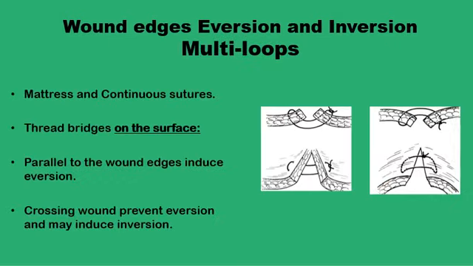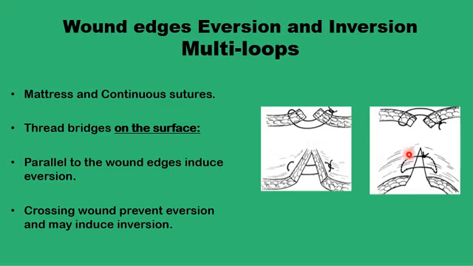In the scenario of multiple suture loops, like if we are doing a mattress suture or a continuous suture, other factors will come into play. For example, in the horizontal mattress suture, if we end up having the bridges of the thread on the surface parallel to the wound edge, this is going to cause eversion of the wound edges.